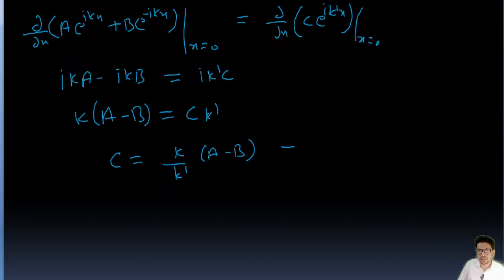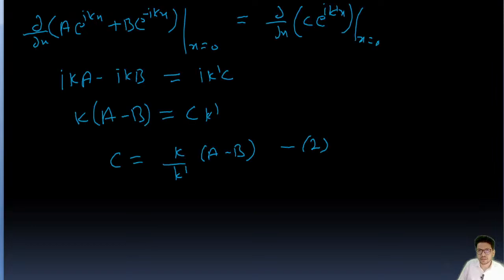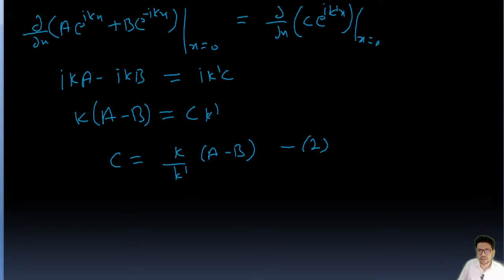Now we will solve equations 1 and 2. From 2 we put the value in equation 1, so we can get a plus b is equal to k upon k dash times a minus b.